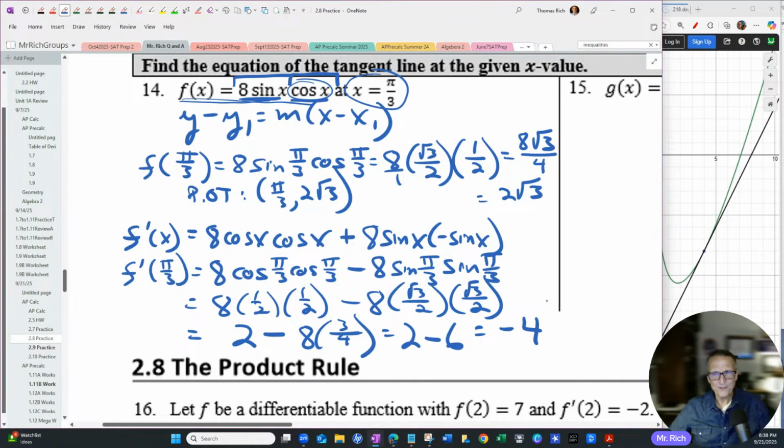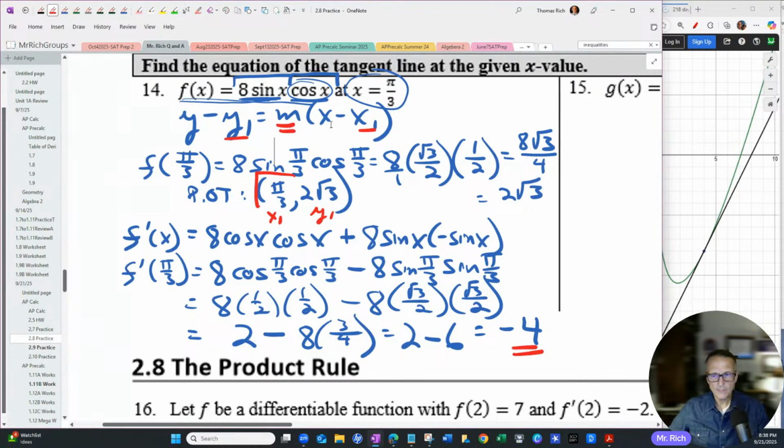All right, so what do we do next? I've got everything I need. I had the point of tangency up here that I'm going to plug in for my x1 and y1. I just found the derivative at pi over 3, which is negative 4. That's going to be the m.